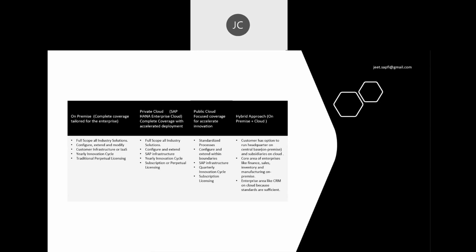Let's say three customers A, B, C are going to access that public cloud solution. Everyone will be given their particular boundaries, right? Okay, this much extra configuration and extension they can do, so that if they are doing any changes, it should not affect other customers' solutions and all those things, right?